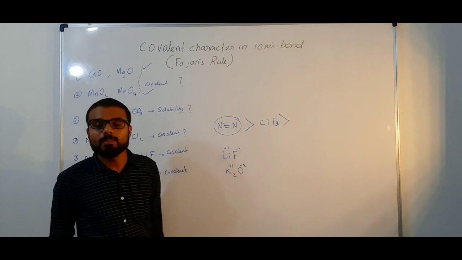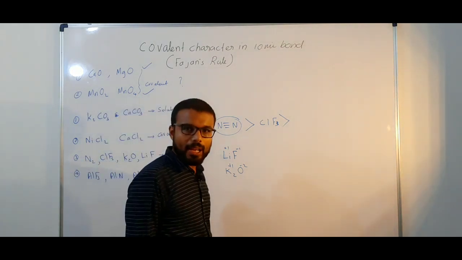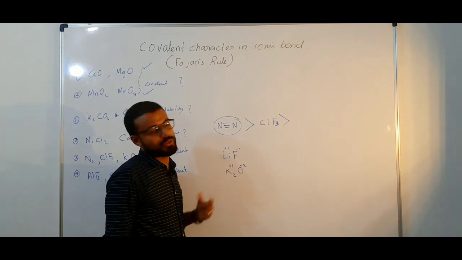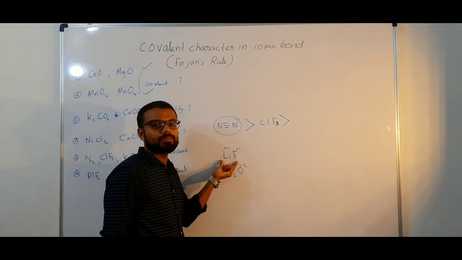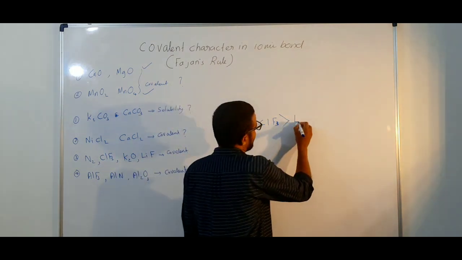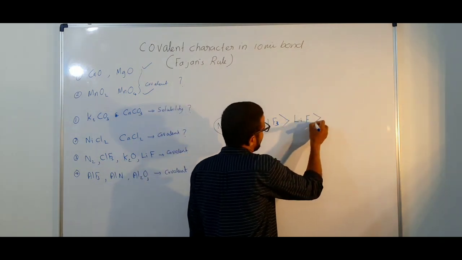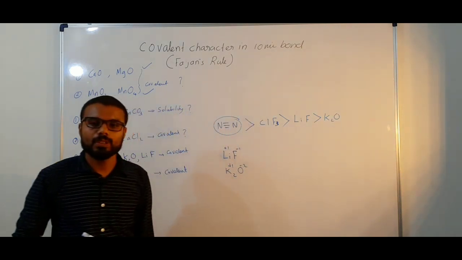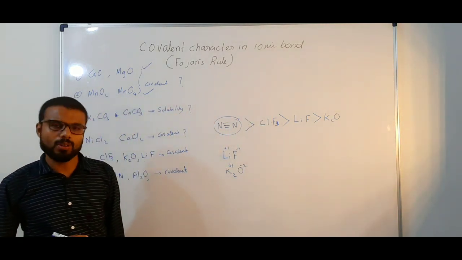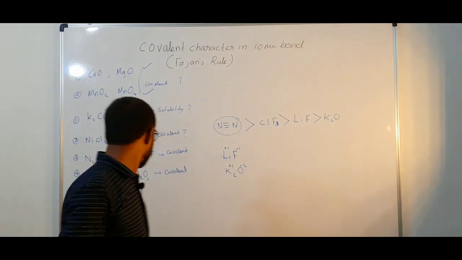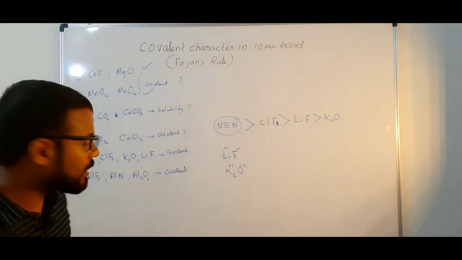Higher the polarizing power, higher will be the covalent character. So, which one will be more covalent? LiF will be more covalent. Then least covalent will be what? K2O. K2O will be what? Least covalent. It's okay. So, this is the order of what?